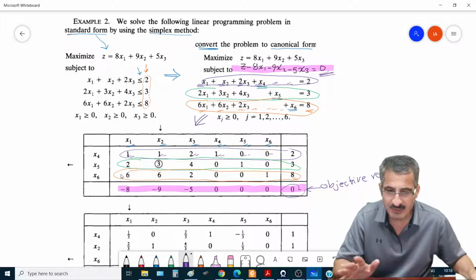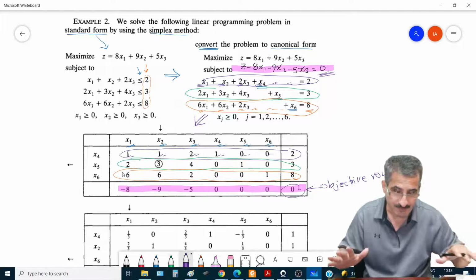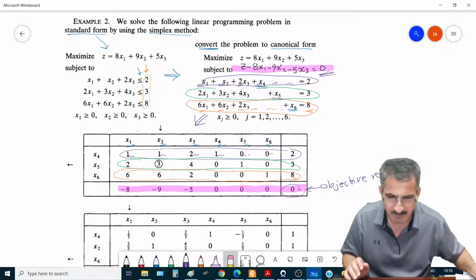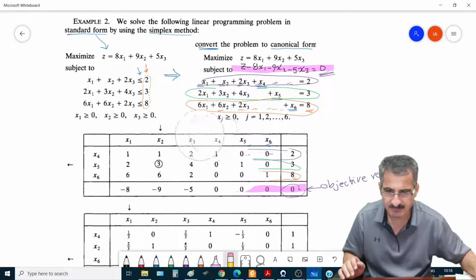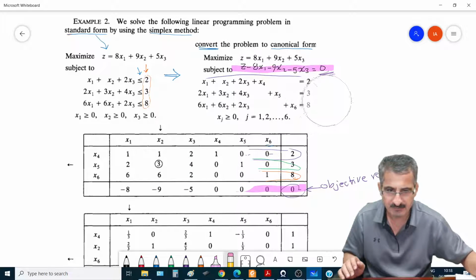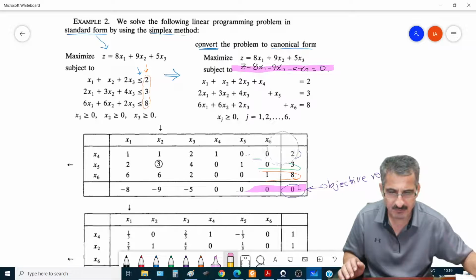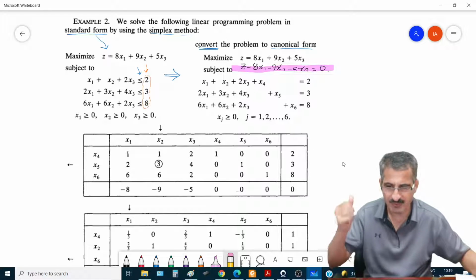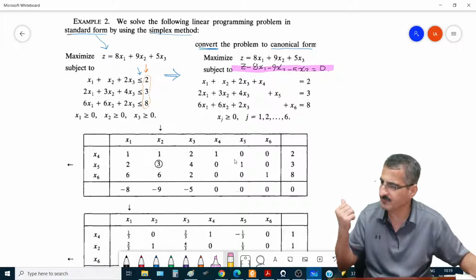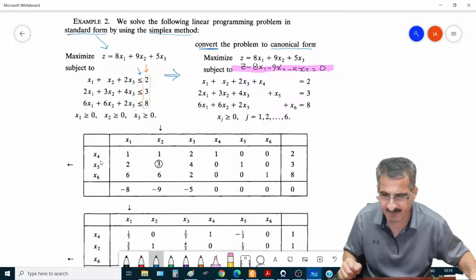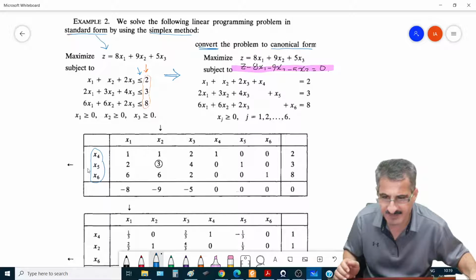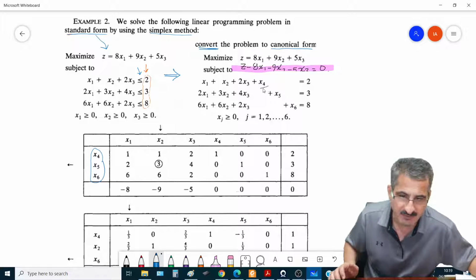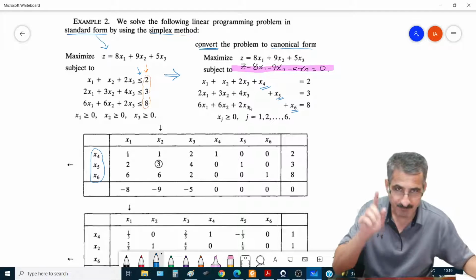Okay, now what is happening here? Now we know how we chose the rows. Okay, now let me clean all that. Now, why do we have x4, x5, x6 to the left? These are the slack variables. We will take them to be the basic variables.